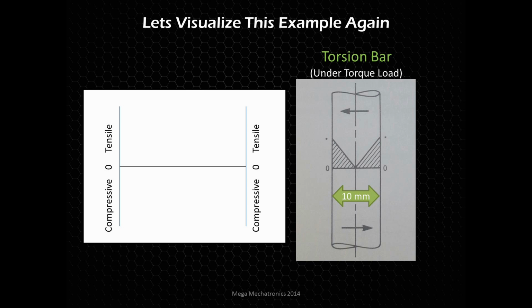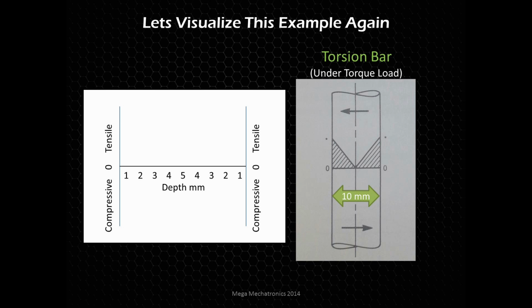So I'm going to draw the same exact graph over here. So we have our compressive, 0 point, and tensile stress scales on the side. We have the depth. Now look at this depth. We have 10 millimeters here. And you can see on the vertical lines on each side, that's a 0 point, because those are the edges of the part.